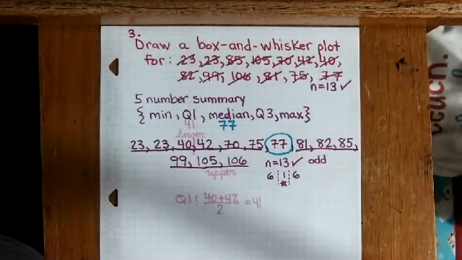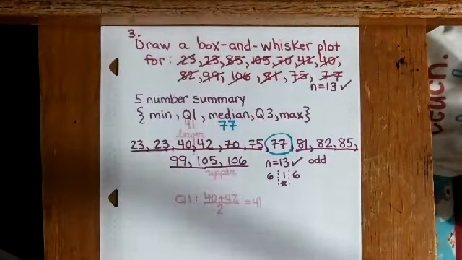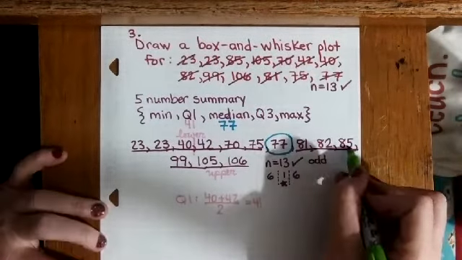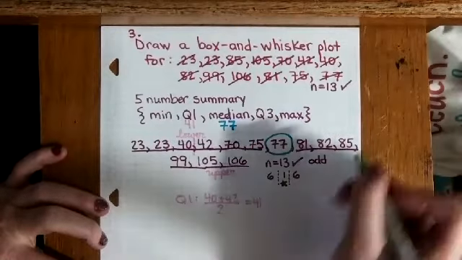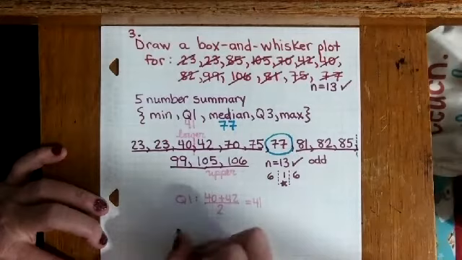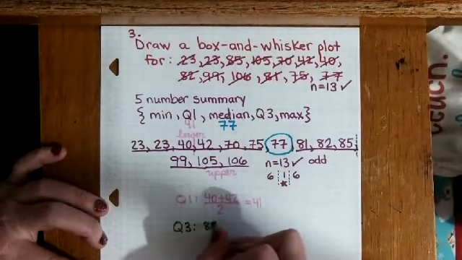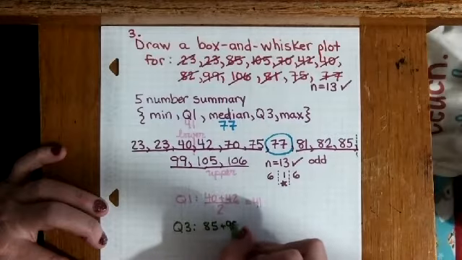Now, the middle of the upper list, we have 3 on one side and 3 on the other. So the middle of the upper list is actually here between the 85 and the 99.